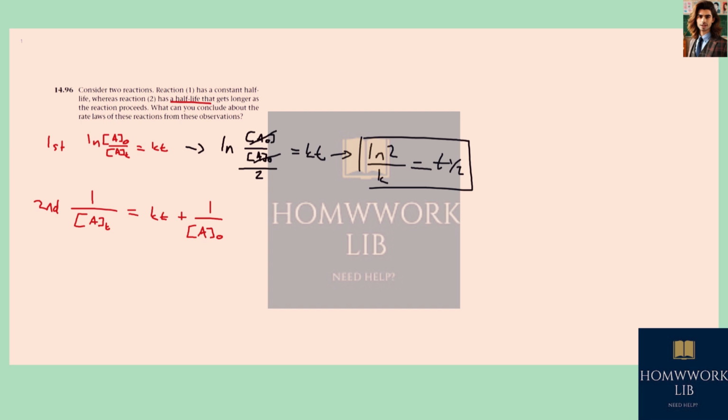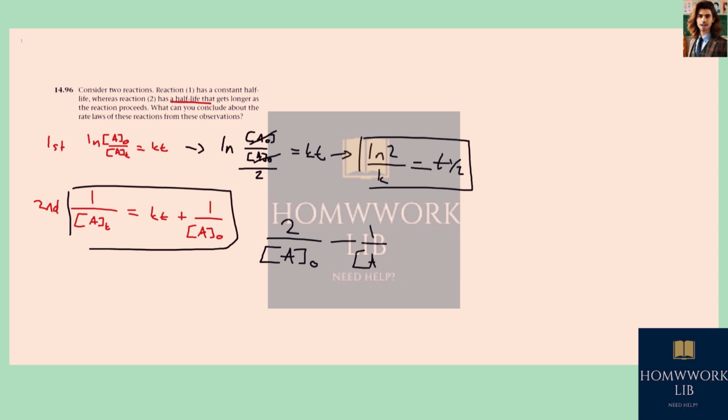But if we do the same over here, we're not going to get the same result. At is going to be A0 over 2, so I can write 2 over A0 minus 1 over A0 equals kt.